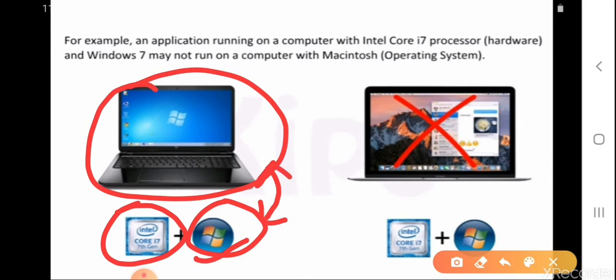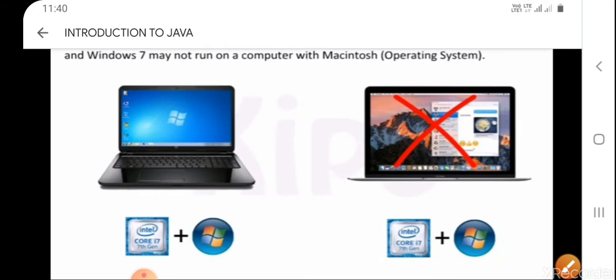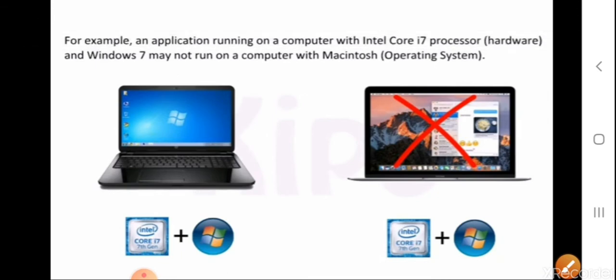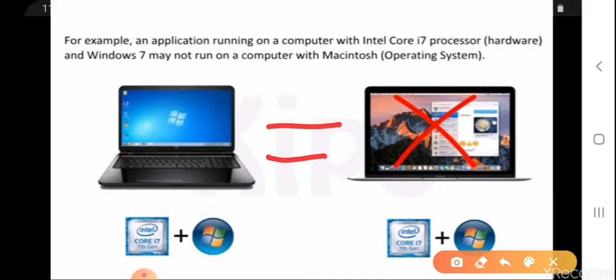On the other hand, there is another computer. It does not contain the Windows operating system. Instead, it contains the Macintosh operating system. So both the computers have different operating systems in them. That means both run on different platforms.